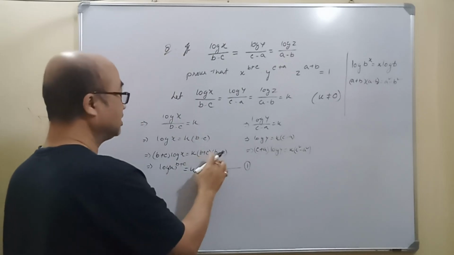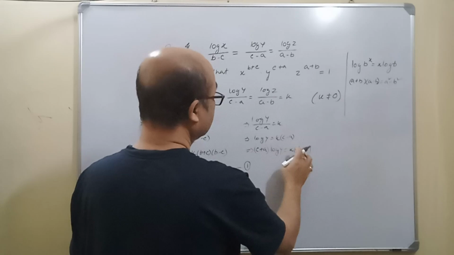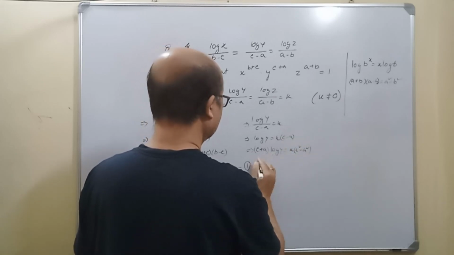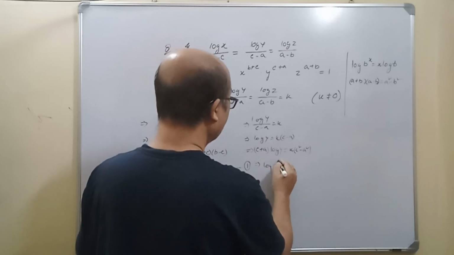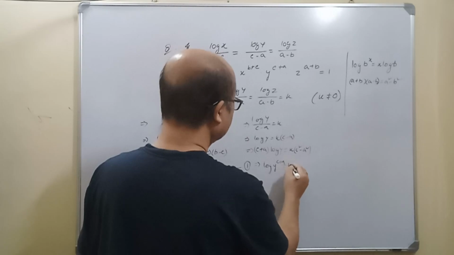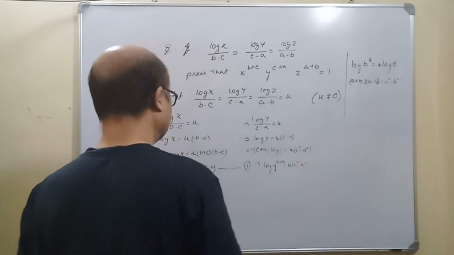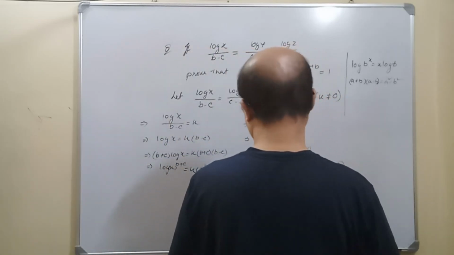Same as before: c plus a into c minus a is c square minus a square. So log y to the power c plus a is k into c square minus a square. Let us put it as equation number 2.